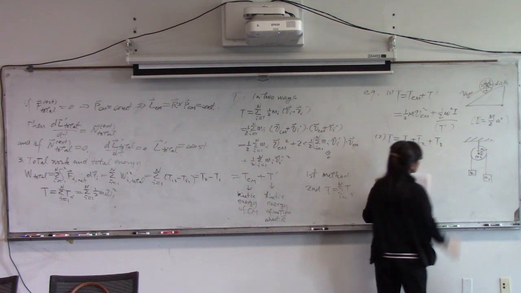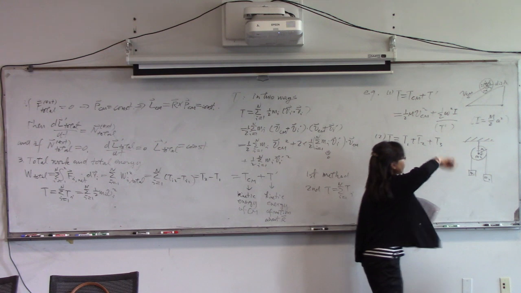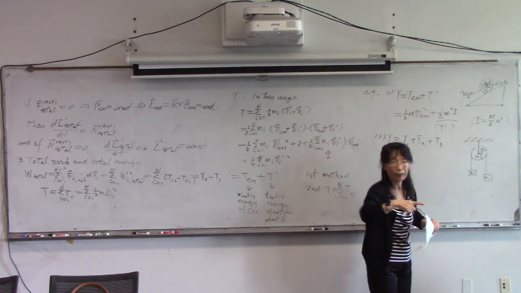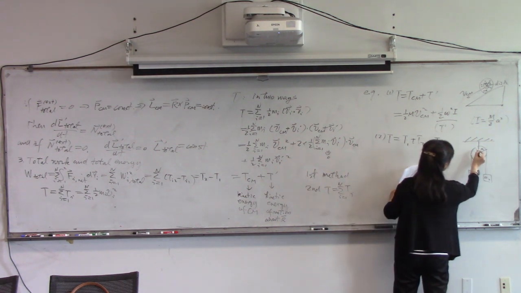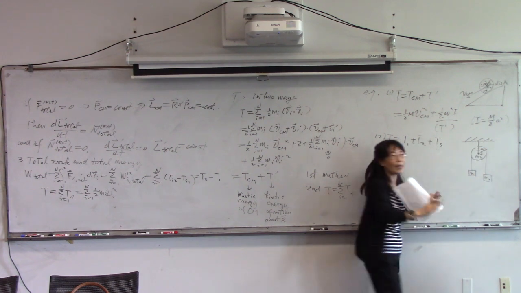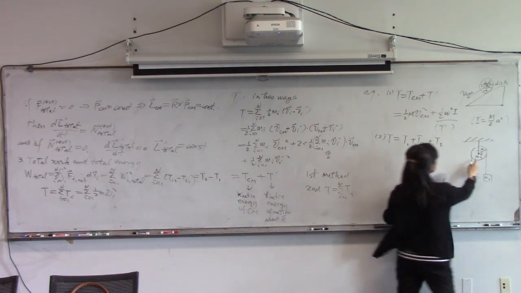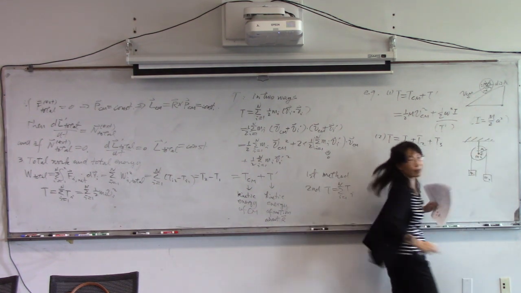Now this one, T3. T3 is the rotation of this pulley. And then here, if you consider it's actually a compound formed by many particles, then to deal with this one, similar to this.